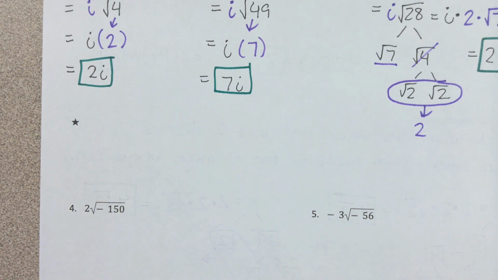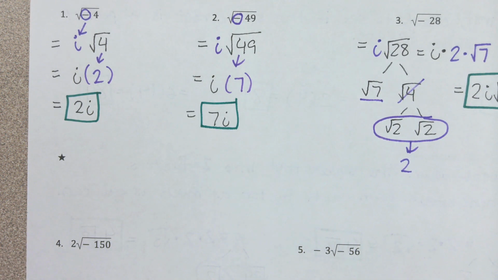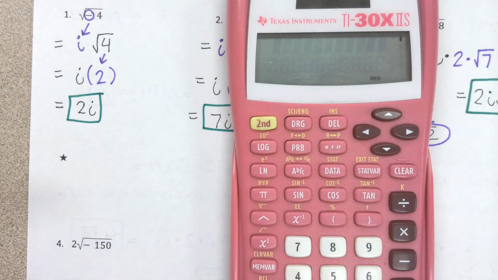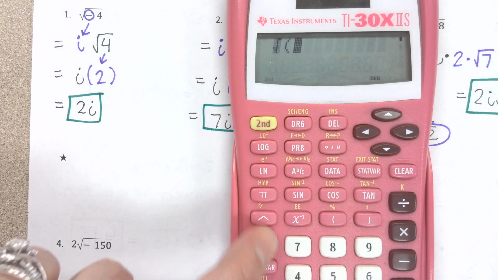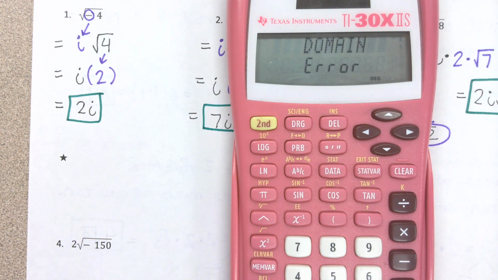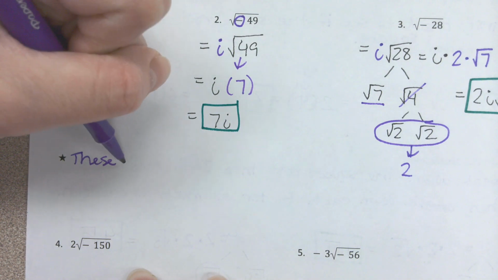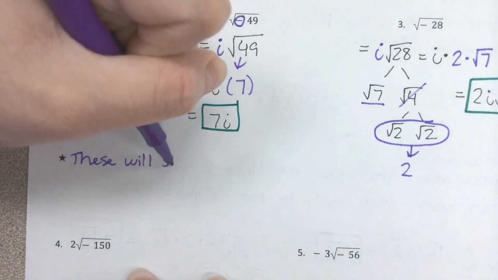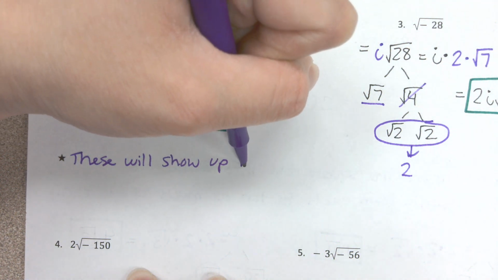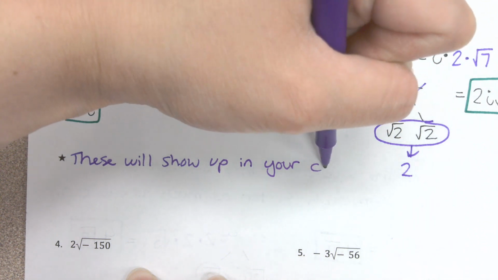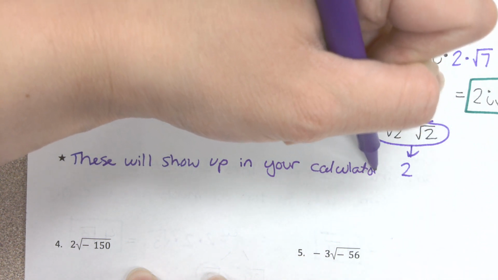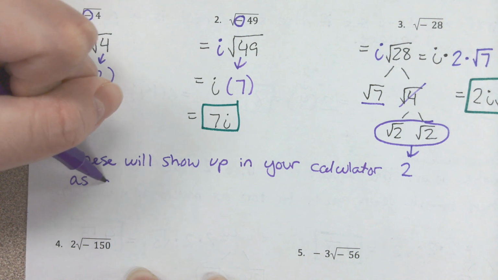I do have one quick bullet point to write down here. If you've ever tried this, you already know what's going to happen. If you put a square root of a negative in your calculator, so I'll just do number 1 here, square root of negative 4, you're going to get an error message. That's because these numbers technically don't even exist. These will show up in your calculator as an error.